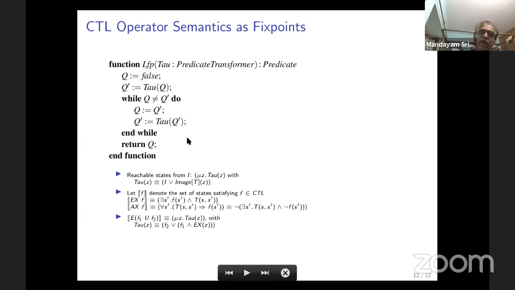So there are multiple fixed points, and the first thing you have to be comfortable with and convinced of is by asking these kinds of questions: if so, what are those? You want to avoid trivial fixed points, and this is a standard way to get to the least fixed point, which is what you're aiming at when you compute it this way.